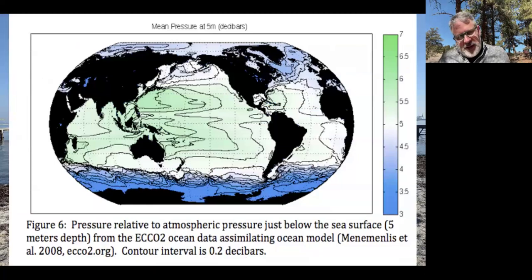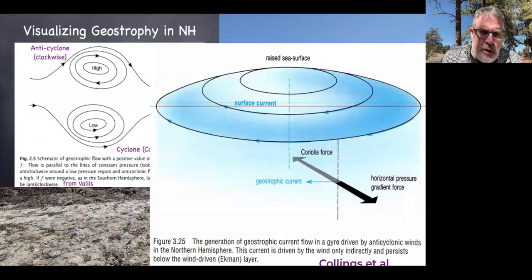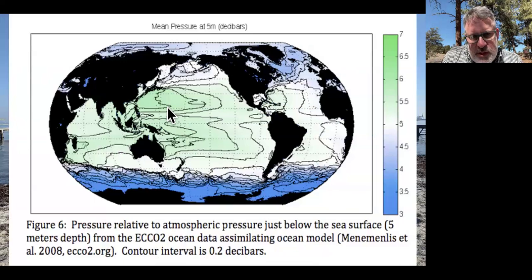Okay, so now let's go back to our little pressure map that we saw from the model results and look in more detail. If the geostrophic flow flows along pressure contours like this around a high, and along pressure contours like this around a low, which way is it going here?